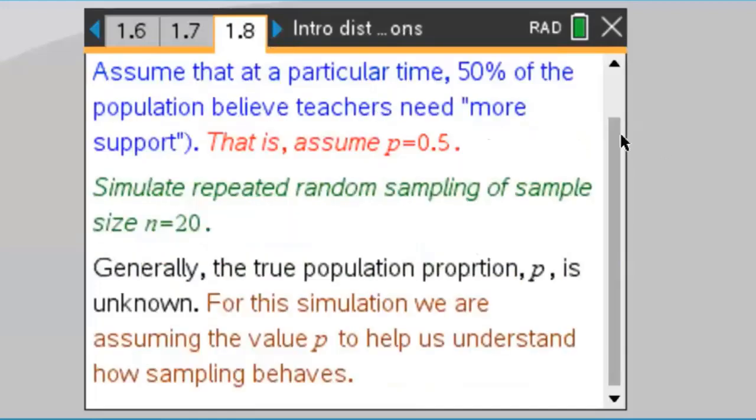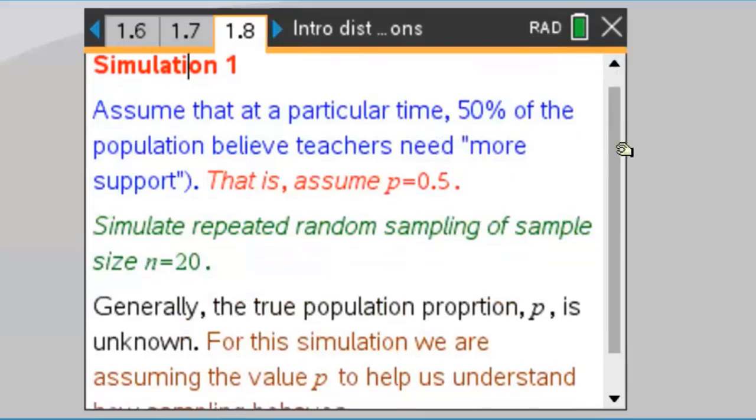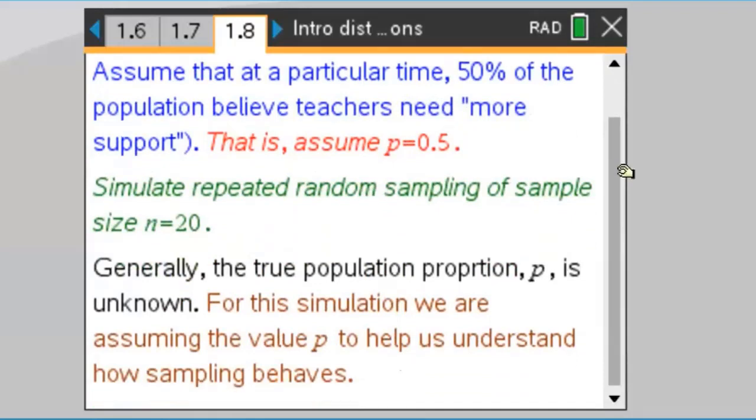So in this case, the first simulation, we're going to assume that the true population proportion is 0.5. Now, normally, we wouldn't know what the true population proportion is, otherwise we wouldn't have to carry out the survey. But in order to help us understand how sampling behaves, we're going to assume the value of the true population proportion. And we're going to take repeated random samples of size 20.